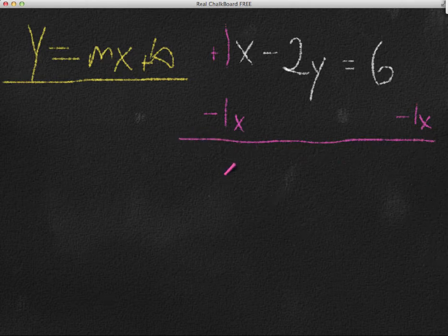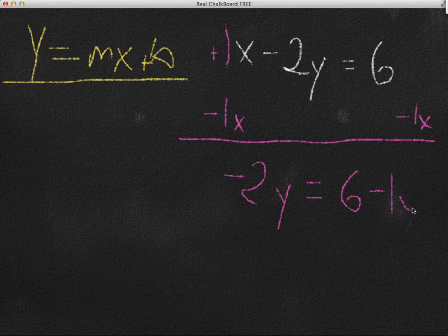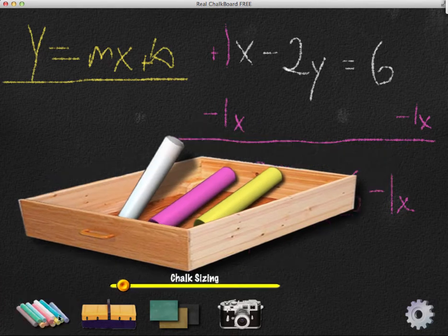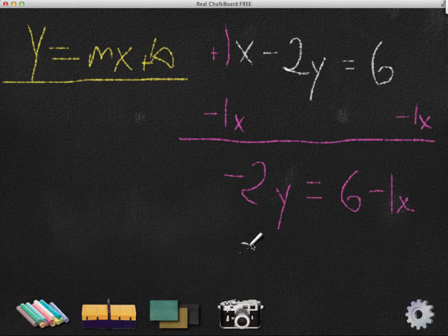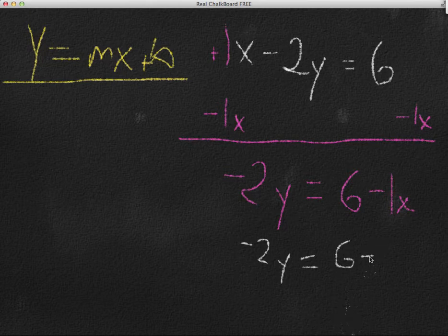And that leaves me with minus 2y equals 6 minus imaginary 1x. But if I write this in normal form without the imaginary stuff, then it's just negative 2y equals 6 minus x.